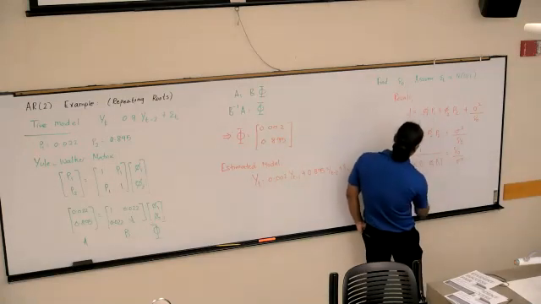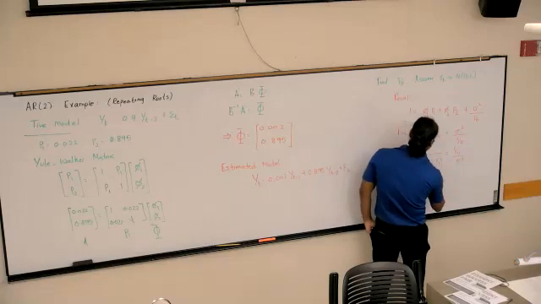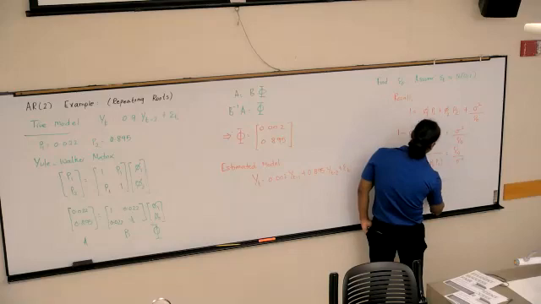So if we rearrange, we will simply have gamma naught is equal to sigma squared divided by 1 minus phi 1 rho 1.